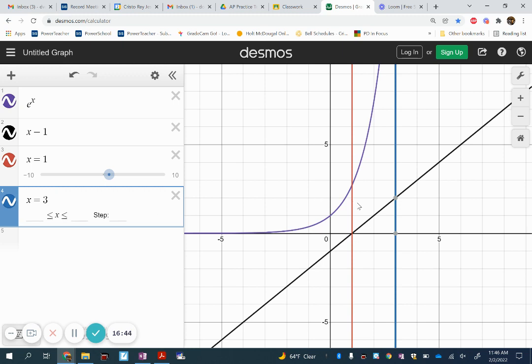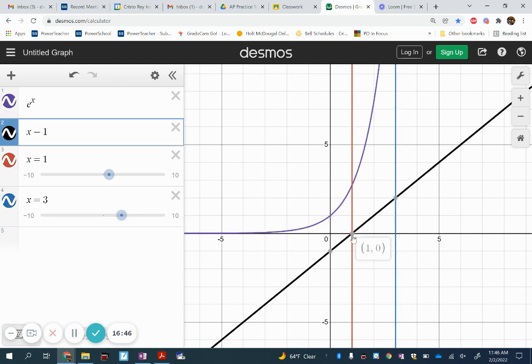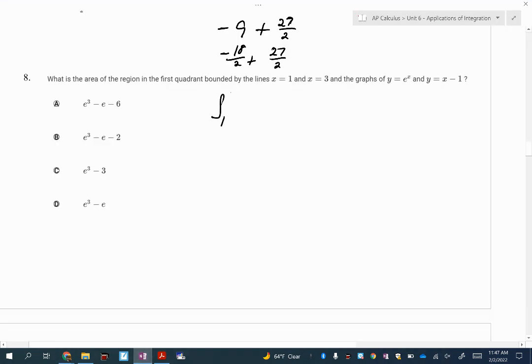If I look from 1 to 3, it looks like the purple curve, e to the power of x, is above my linear function the entire time. So I'm going to do e to the power of x minus my linear function of x minus 1. So the integral from 1 to 3 of e to the power of x minus x minus 1.